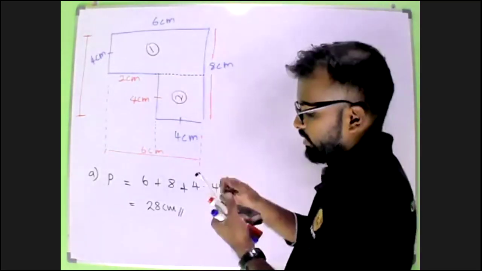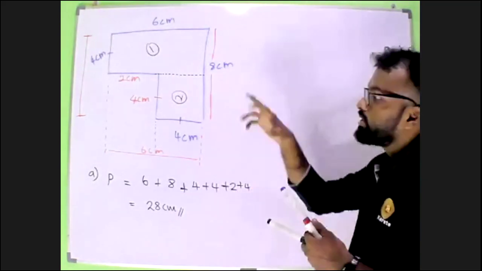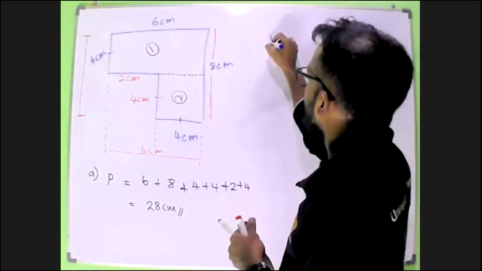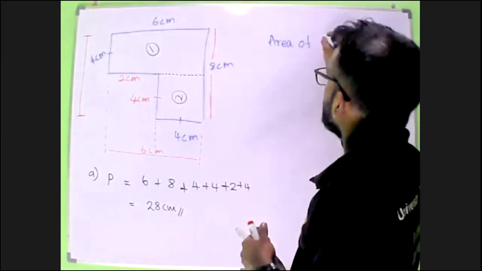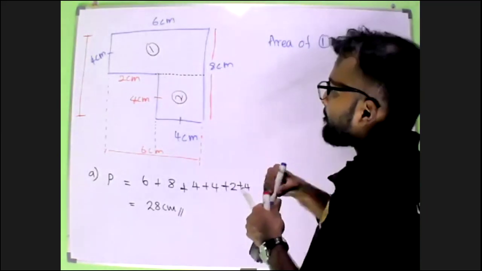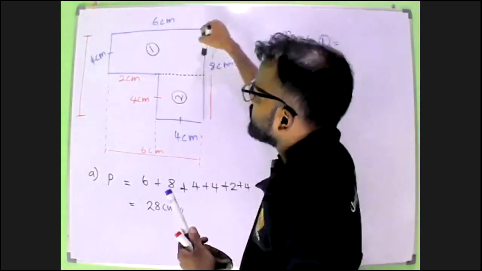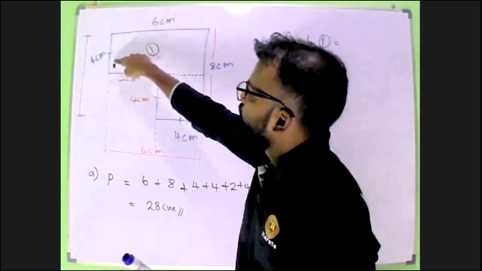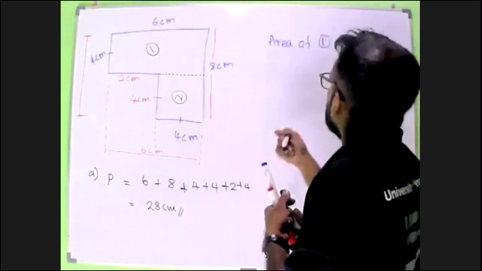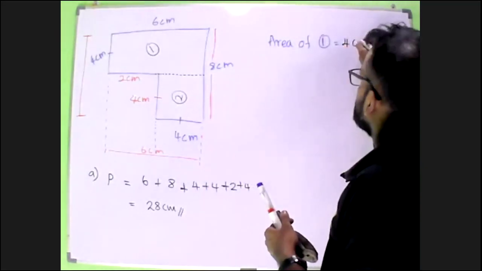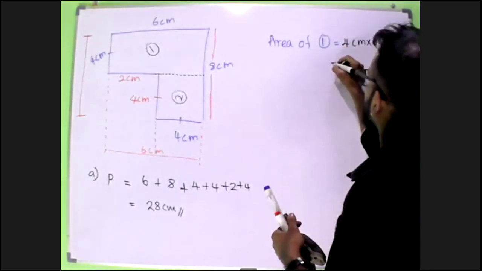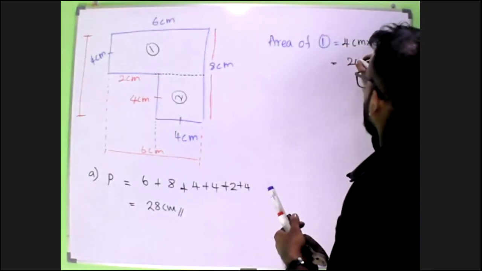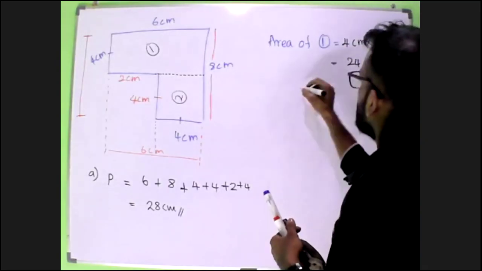So I will find areas separately, right? Area of my first figure, right? So my first figure is a rectangle, right? 4 times 6, right? Area 4 centimeters times 6 centimeters. 4 times 6, 24 square centimeters, right?